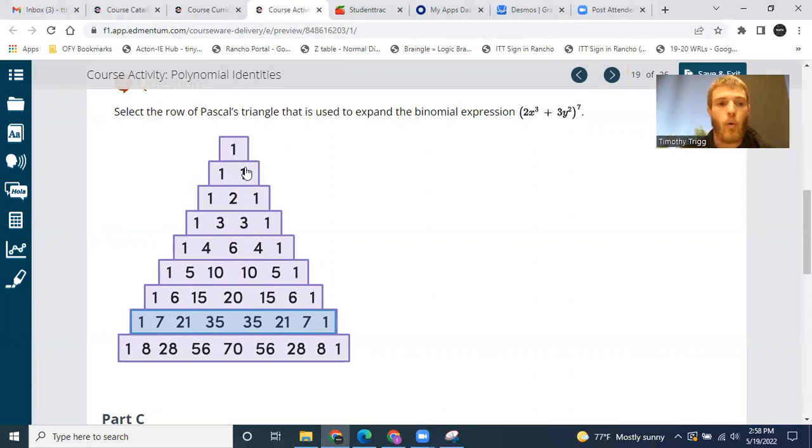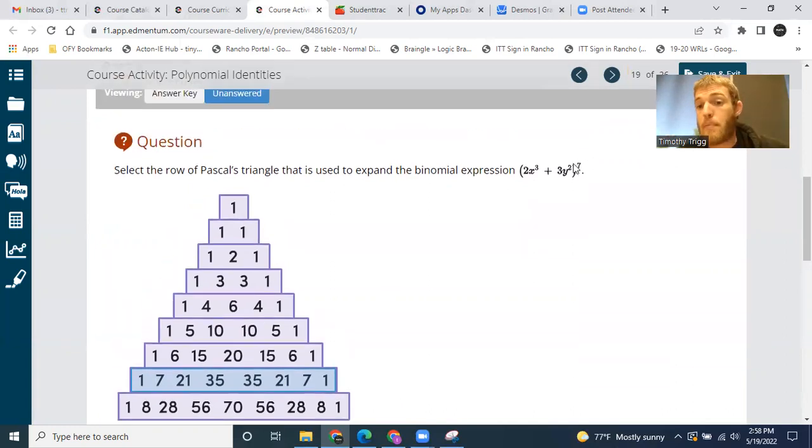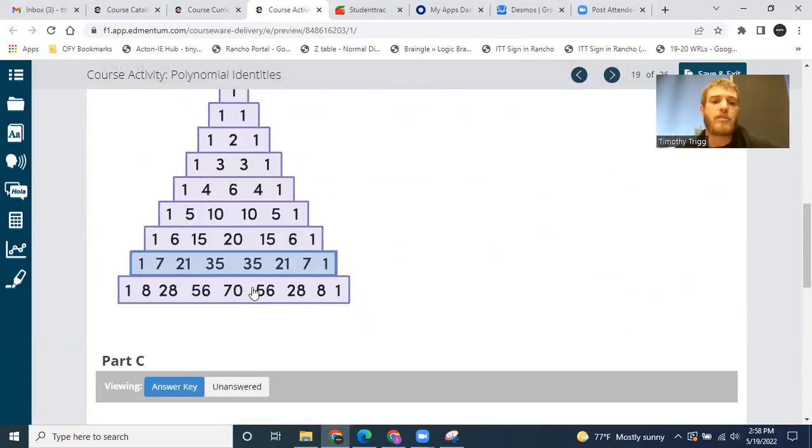So 0, 1, 2, 3, 4, 5, 6, 7. I'm using the 7th row down if I'm counting the very top as 0, because it has to the power of 7 there. You see that? So this tells me I'm going to use that 7th row of Pascal's triangle.